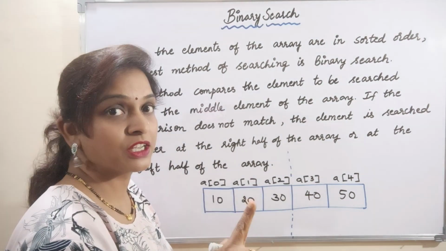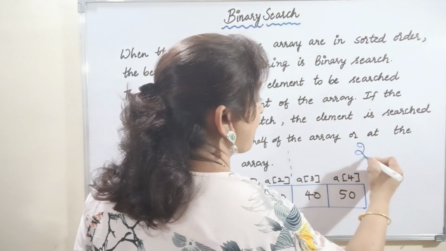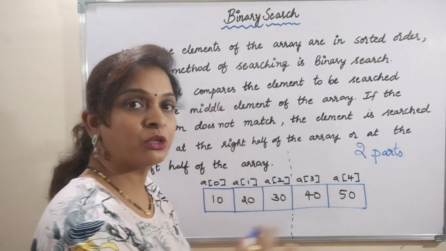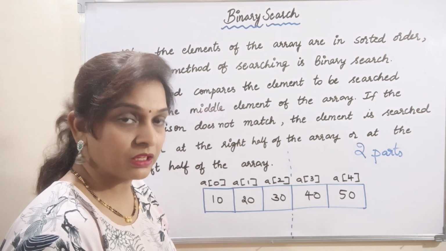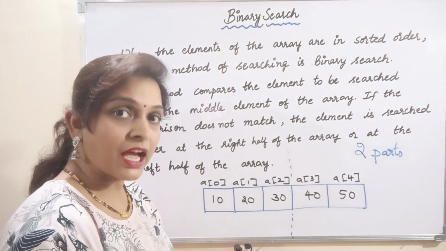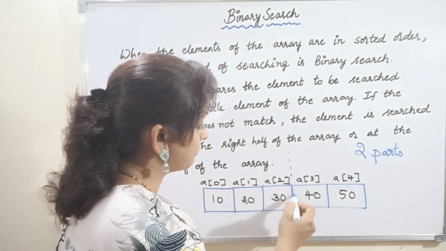Binary search says you do the searching by dividing the array into 2 parts. How to divide the array into 2 parts? We'll see. After you divide the array into 2 parts, I have to compare the search element with the element in the mid position.